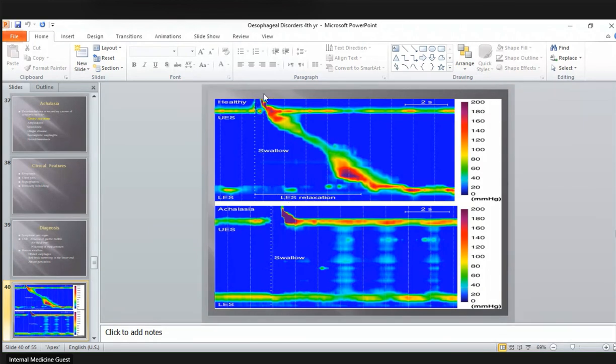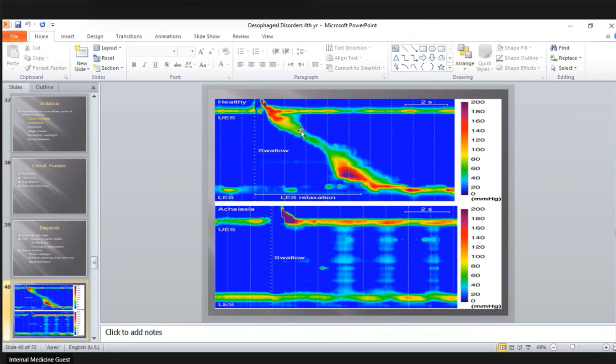Now let's look at the esophageal body. The darker the color of the esophageal body, it means that the pressure is higher. For example, the greenish to yellow, we're talking about 80 to 60 millimeters of mercury.